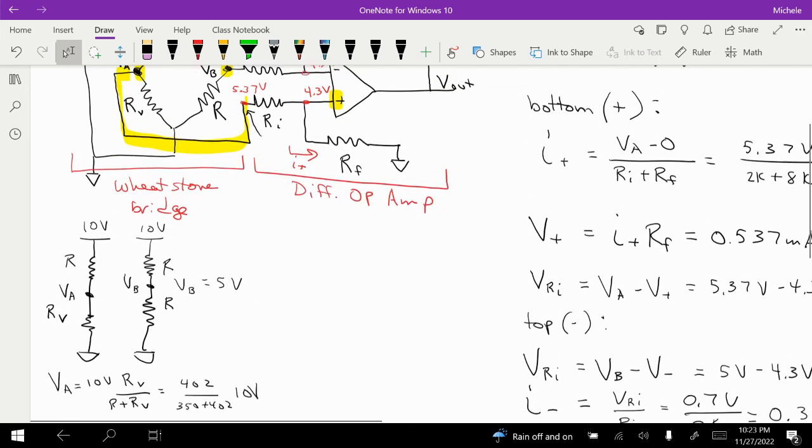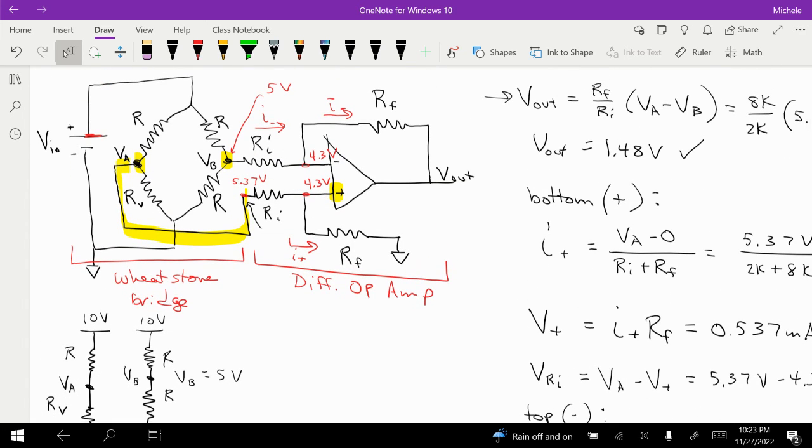One thing we can talk about just for a minute, as a side note, is that on a Wheatstone bridge feeding into a differential op amp, this V out provides information about this resistor here.